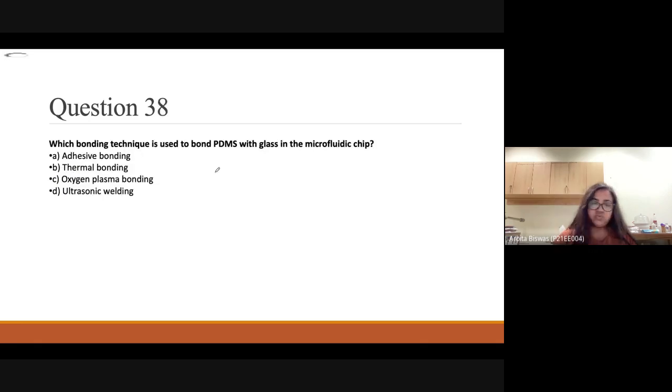Okay. So next, moving to question number 38. Which bonding technique is used to bond the PDMS with the glass in the microfluidic chip? The first option is adhesive bonding. The second option is thermal bonding. The third option is oxygen plasma bonding. And the last option is ultrasonic welding.